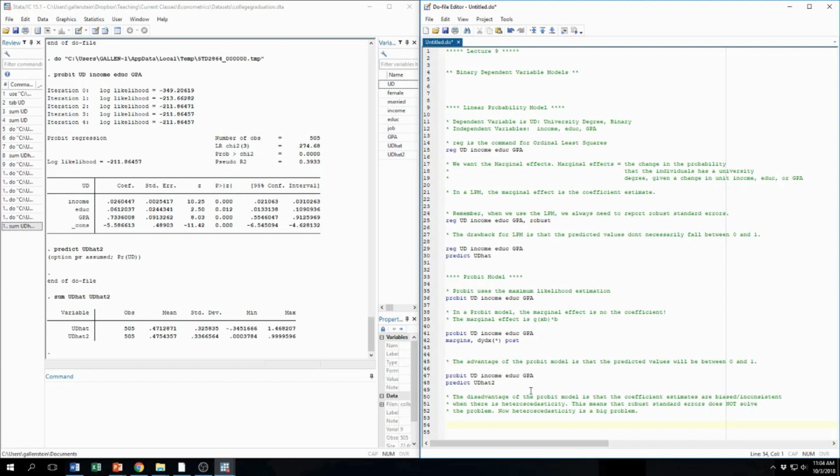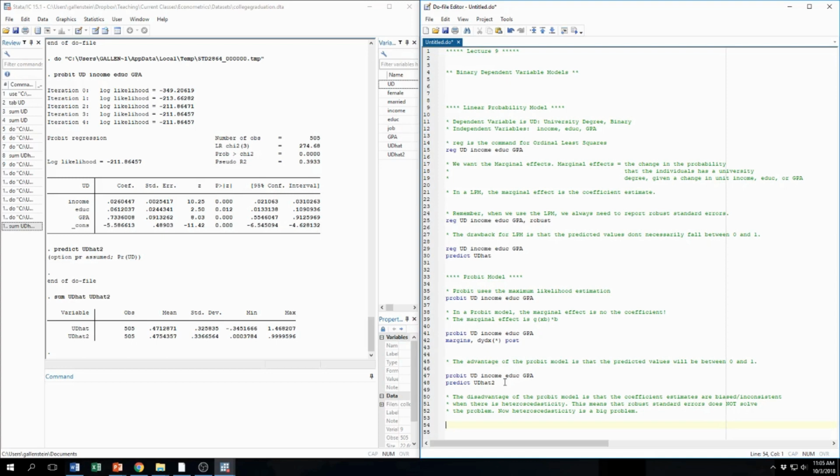We need to be able to test whether or not there's heteroscedasticity, and we need to be able to control for it. There is a command in Stata that we can use to test for or control for heteroscedasticity. But before I use it, I just want to say that practically speaking, if I think there's going to be a serious heteroscedasticity problem in my probit model, then I'm probably going to use the linear probability model to avoid the bias that can be introduced from the heteroscedasticity.